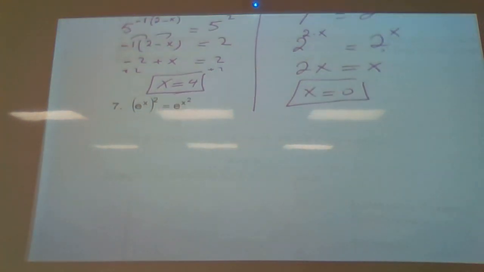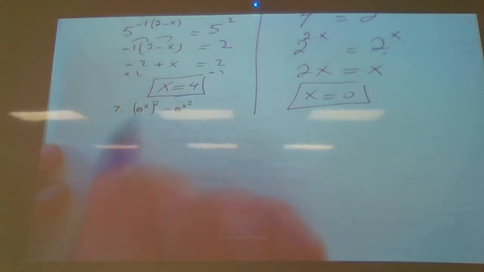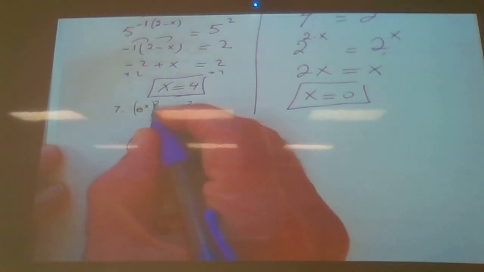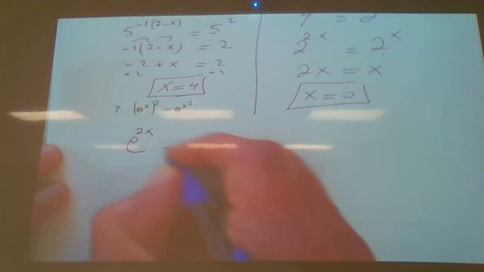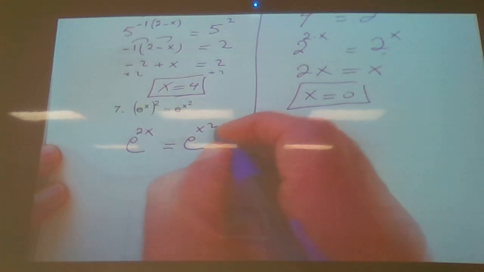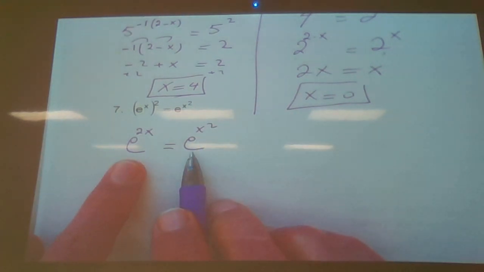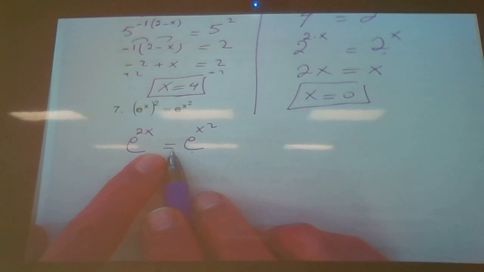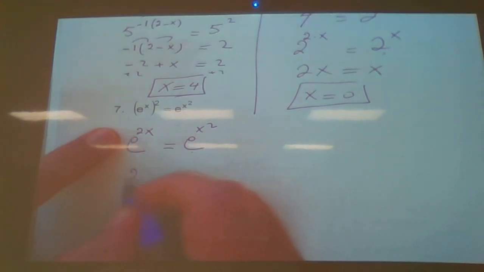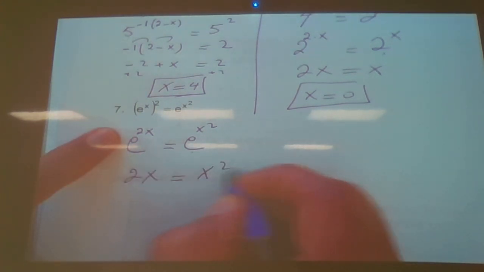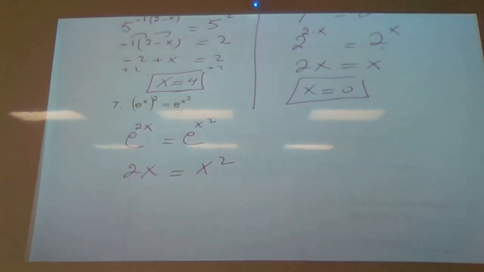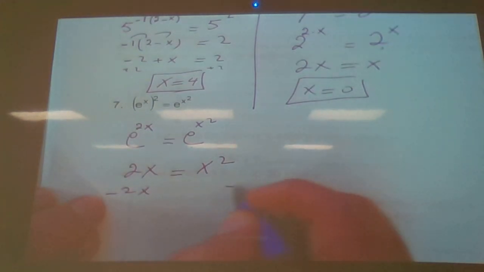Last one, number 7. Again, we have a power and power, so I have e to the 2 times x is 2x equal e to the x squared. Well, e is a base, so it's the same base, equal sign. So the 2x is equal to x squared. Subtract the 2x over.